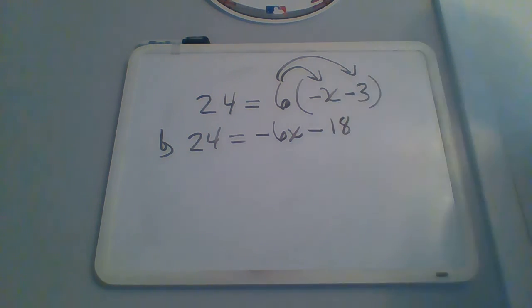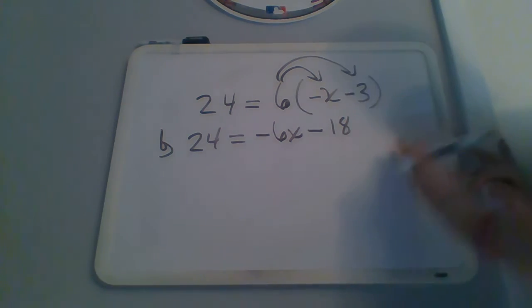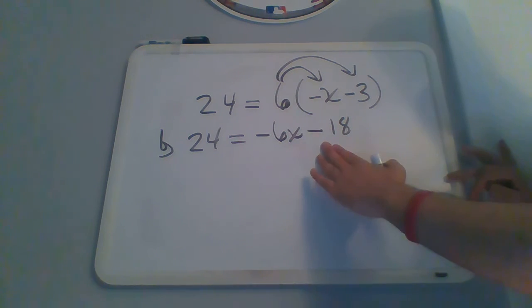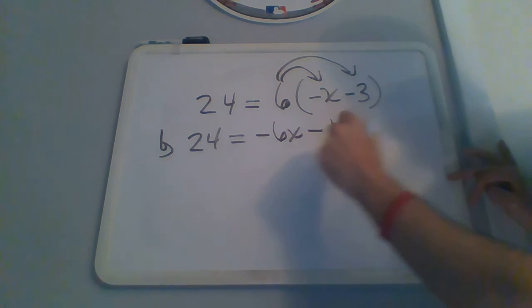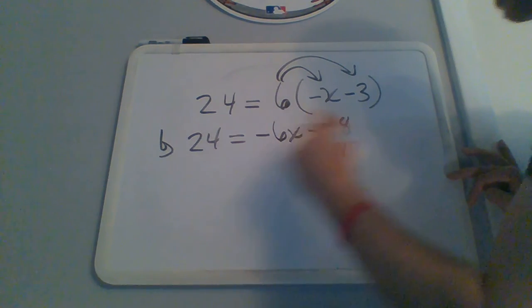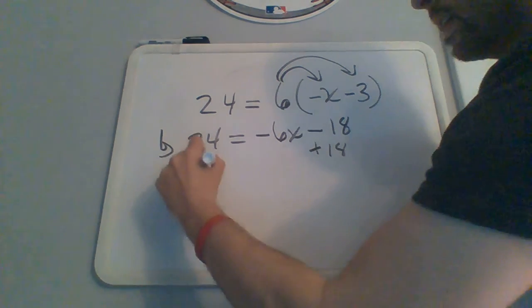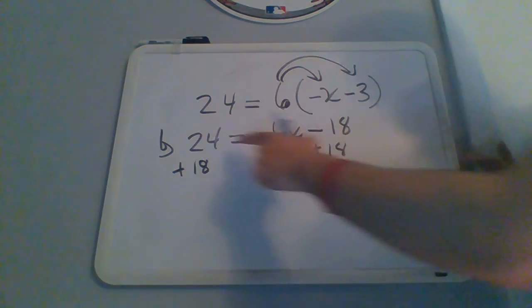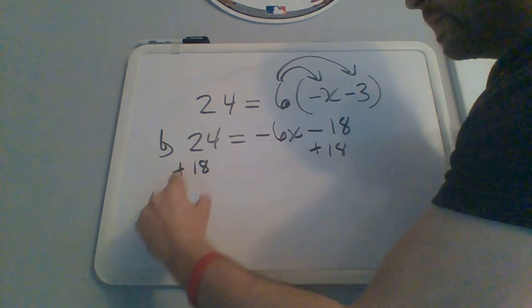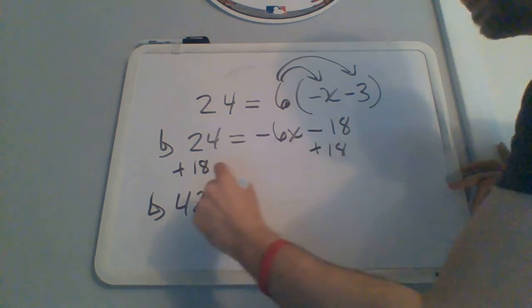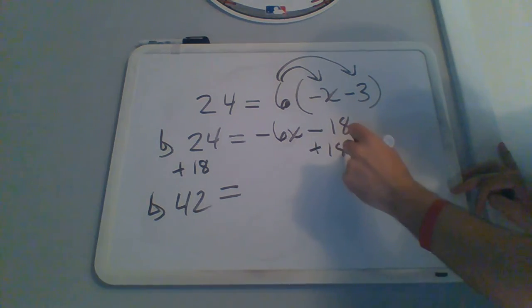Now we have a two-step equation. So to get rid of the 18, if it's being subtracted, you're going to add it to both sides. 24 plus 18 is 42 equals, and this cancels out because negative 18 plus 18 is 0.